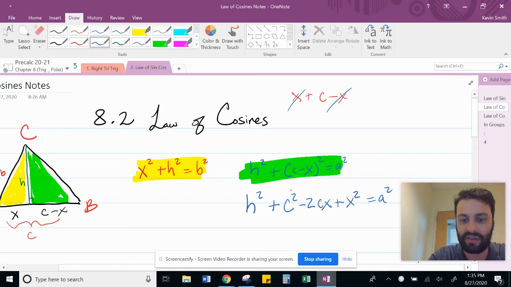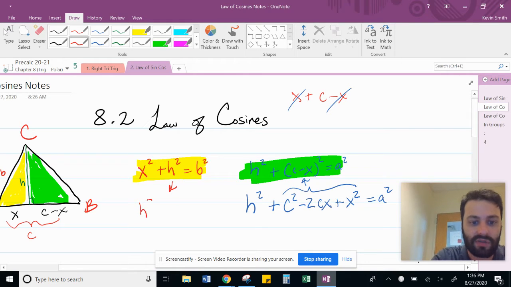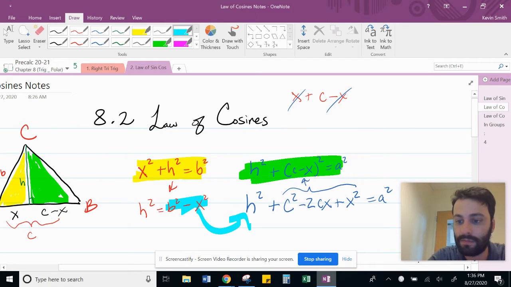All this is just coming from expanding this piece out. Then over here, I'm going to solve this for h so I can substitute it in. So h squared equals b squared minus x squared. I'm going to substitute this piece in right here for h squared.